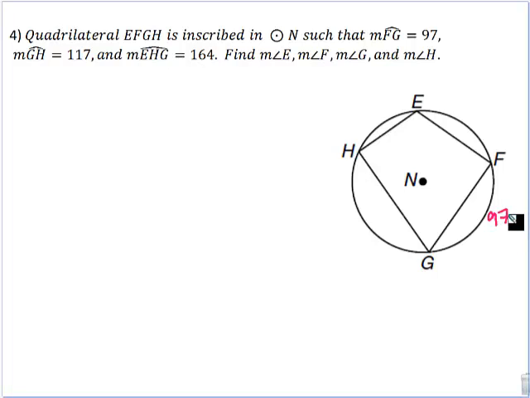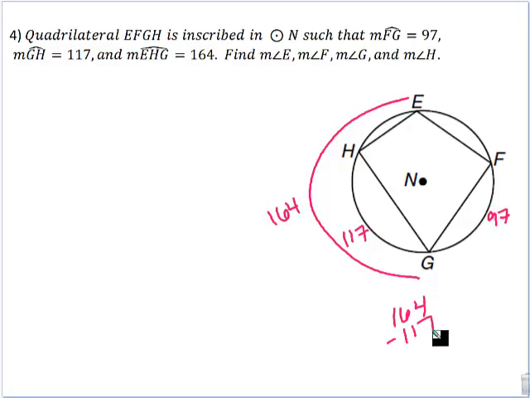So FG is 97, GH is 117. What would you do with E? EHG. So from E to H to G, that whole thing is 164. So how could we just get EH? Yeah, we could do 164 minus 117 to get EH. 47. So that's 47.